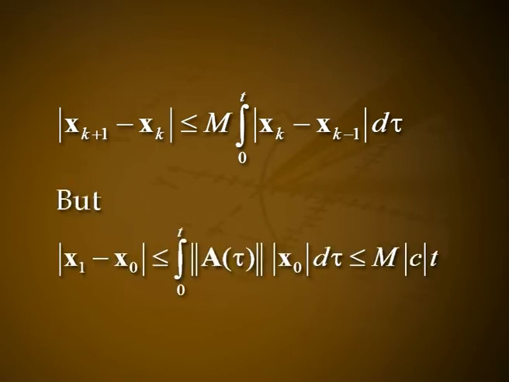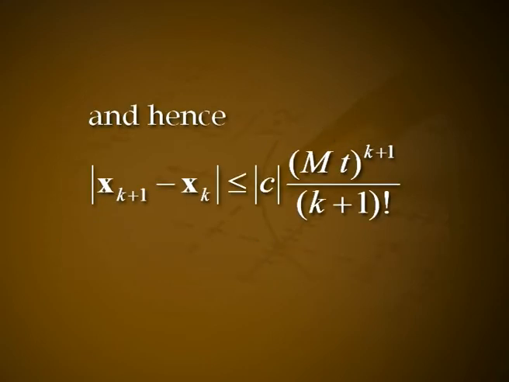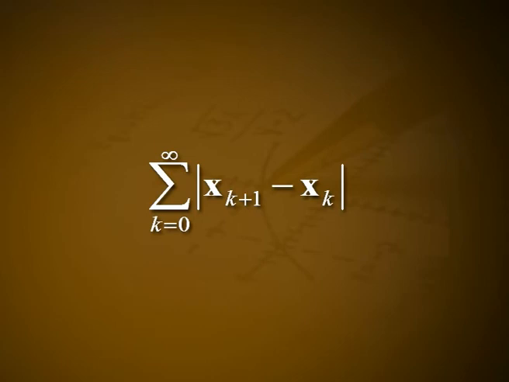But the modulus of x1 − x0 is less than or equal to the integral from 0 to t of the norm of A(τ) into the modulus of x0 dτ, which is less than or equal to M times the modulus of c times t, and hence the modulus of x_{k+1} − x_k ≤ modulus of c times (Mt)^{k+1} divided by (k+1) factorial for k = 0, 1, 2, etc. Thus, by the comparison test for convergence of series, the series summation over k from 0 to infinity of the modulus of x_{k+1} − x_k converges uniformly, since its terms are less than the corresponding terms in the exponential series.